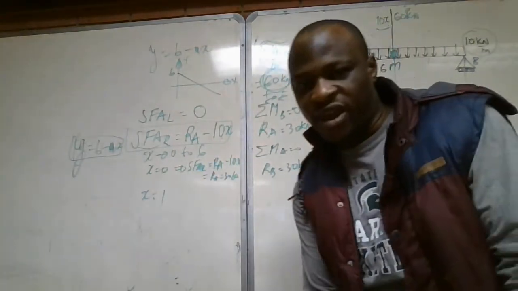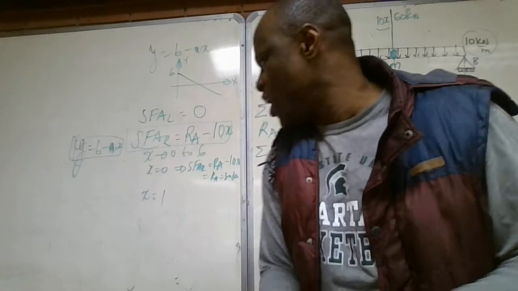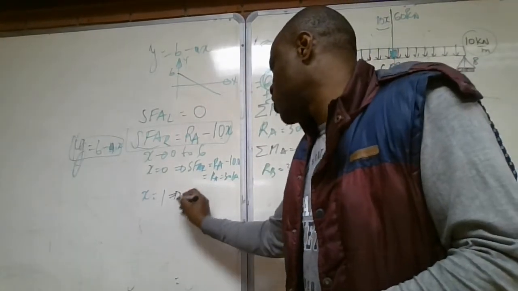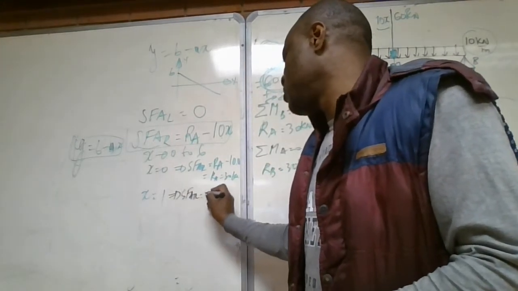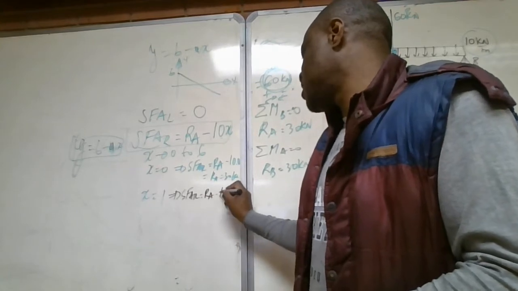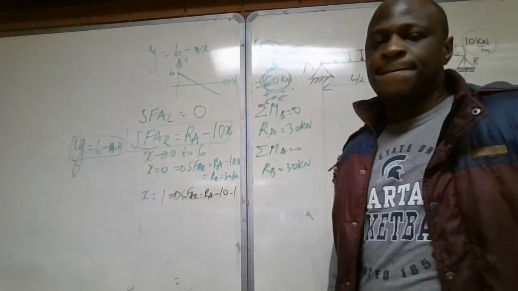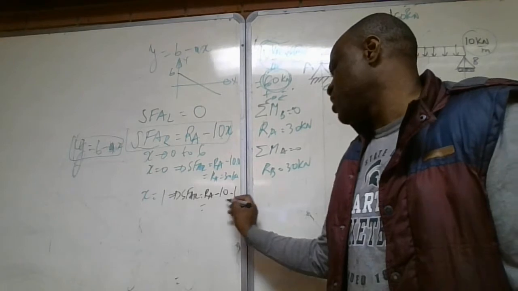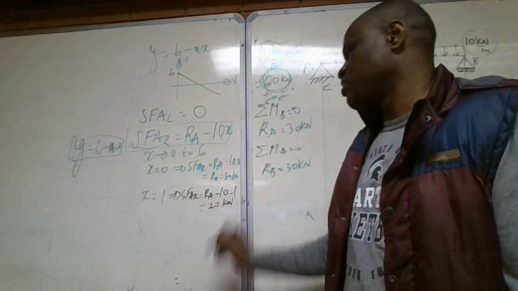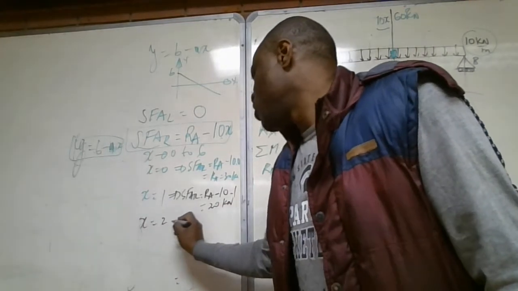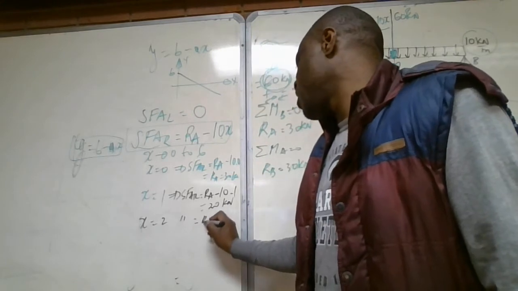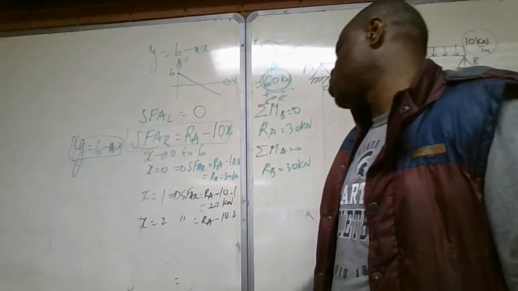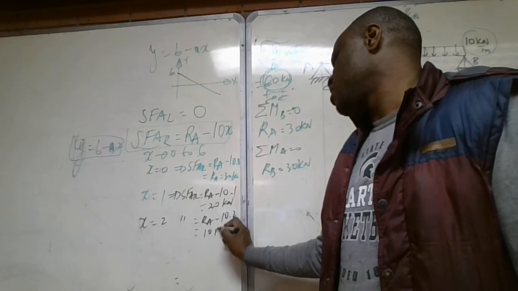The shear force at A right will be RA minus 10 times 1, which gives us 30 minus 10, 20 kilonewtons. For 2, the shear force will be RA minus 10 times 2, which is 10 kilonewtons.